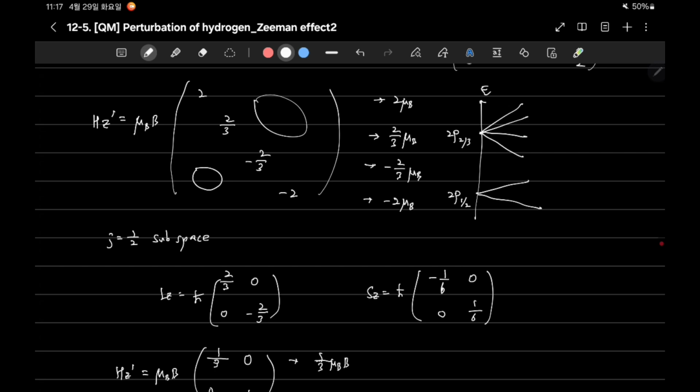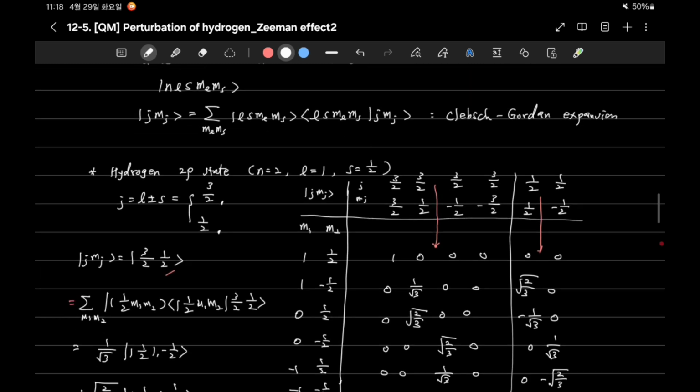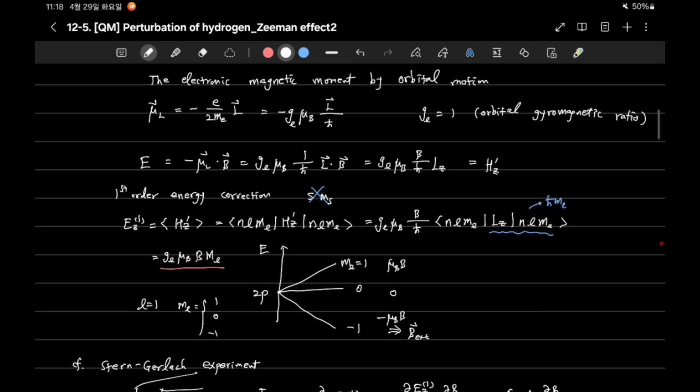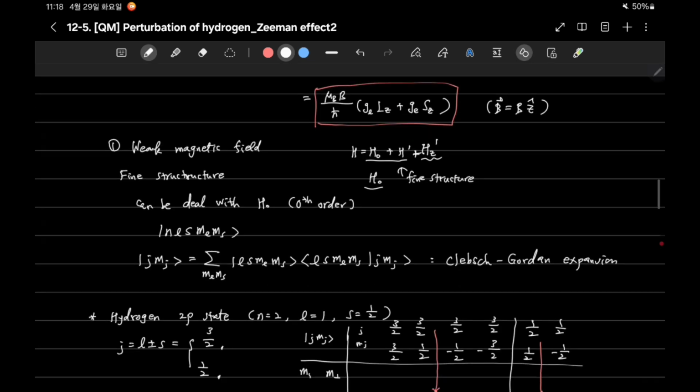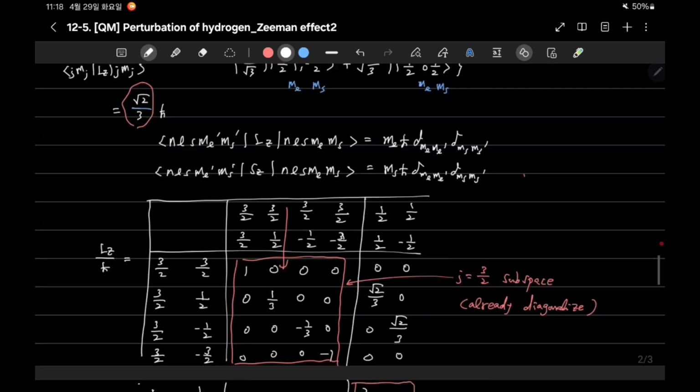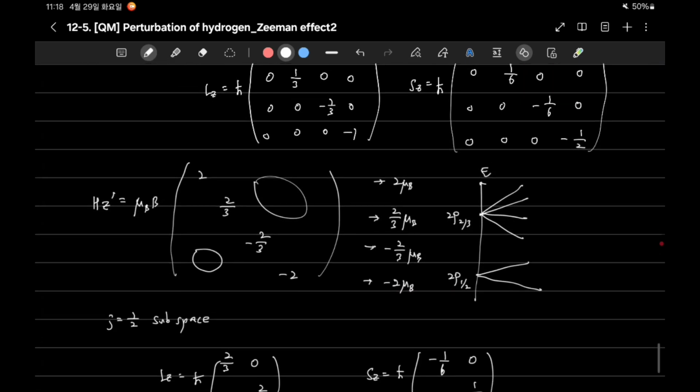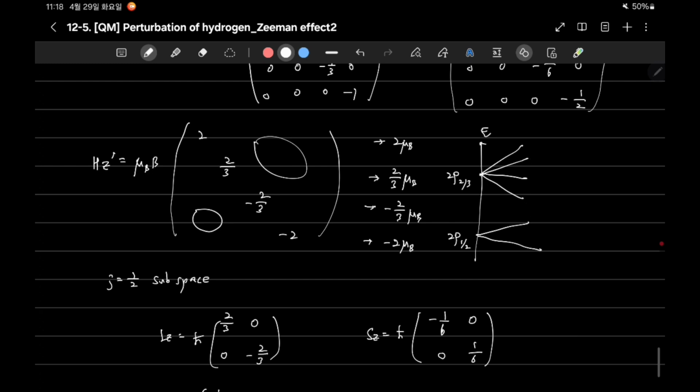When you consider the spin, the energy level splitting is like this, and it corresponds to 2 mu B like this. It is a little bit different from the normal Zeeman effect. In the normal Zeeman effect there are only 3 possibilities: mu B, 0, minus mu B. But in the anomalous Zeeman effect, considering the spin, various kinds of spin structure can be expected for the 2p state.